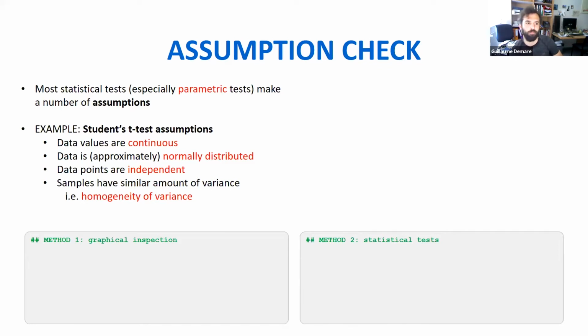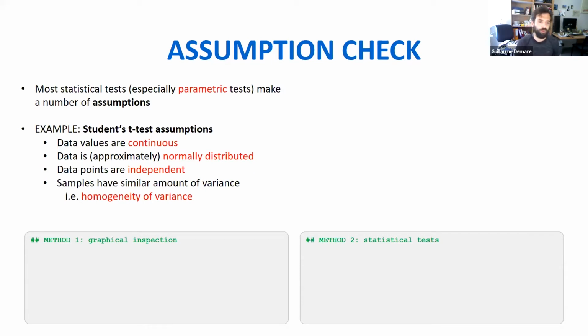One thing to keep in mind is that the t-test assumptions are not always very strict, in the sense that the test itself is quite robust to slightly violating some of these assumptions. For example, normality: even if your data is not completely normal, maybe close to it, it will still be quite robust to that.